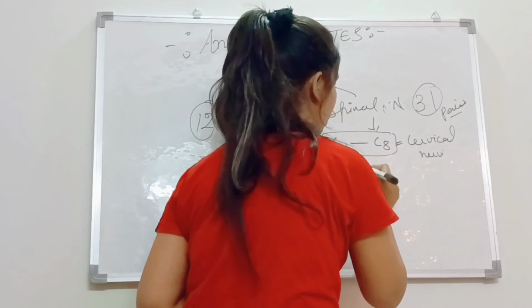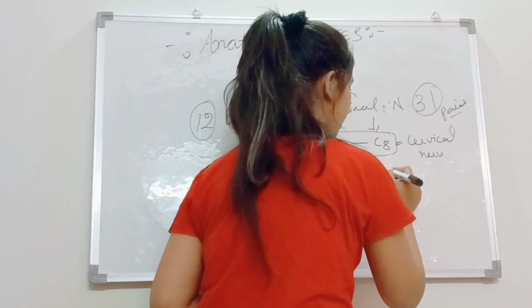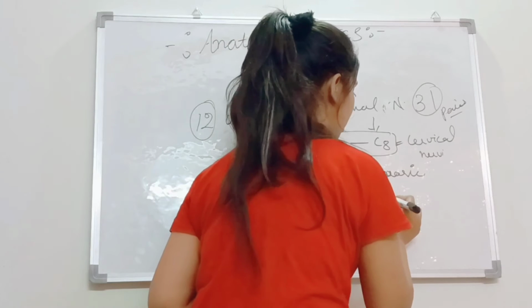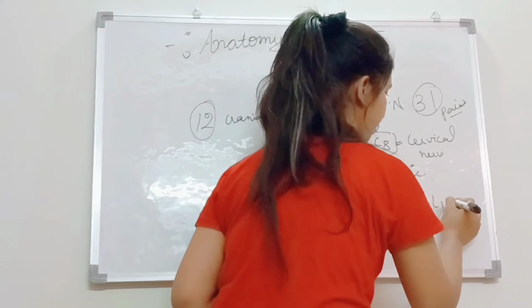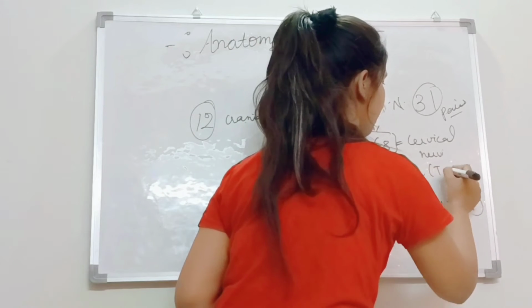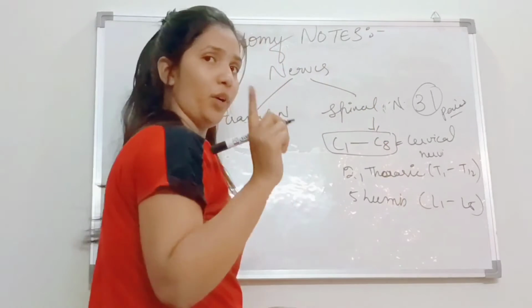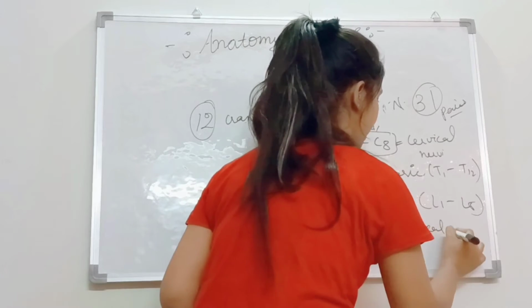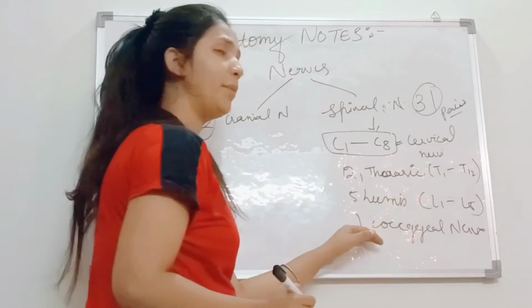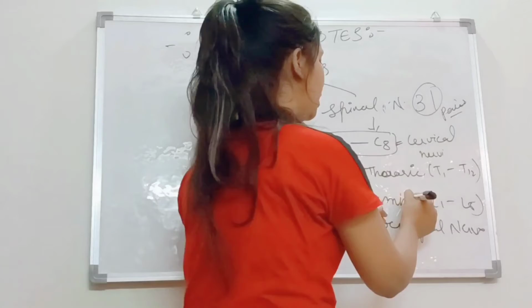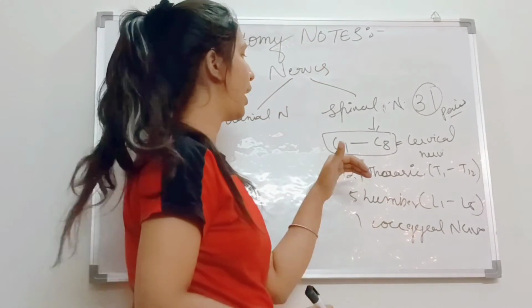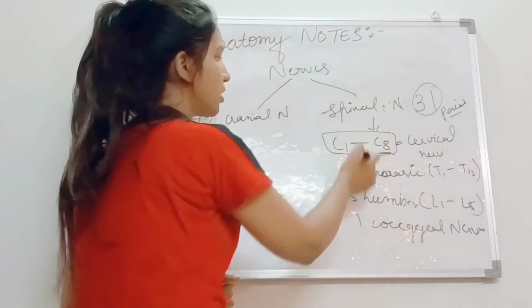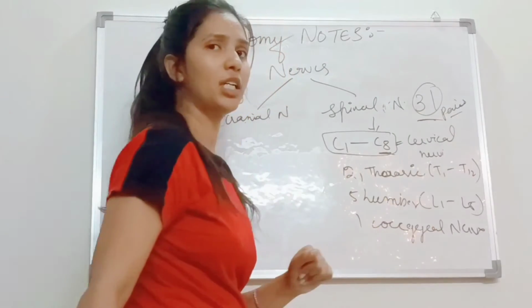And there are 12 thoracic nerves, 5 lumbar, and 1 coccygeal nerve. So 1 pair of coccygeal nerves, 5 pairs of lumbar nerves, 12 pairs of thoracic nerves and 8 pairs of cervical nerves. So this is the subdivision for the 31 pairs of spinal nerves.